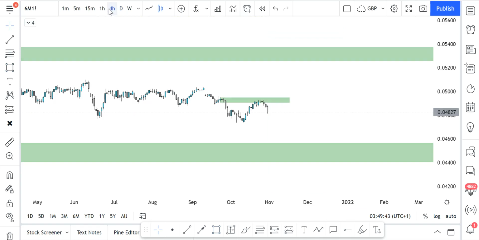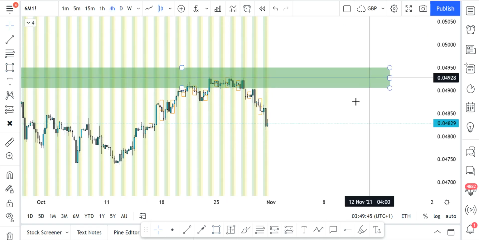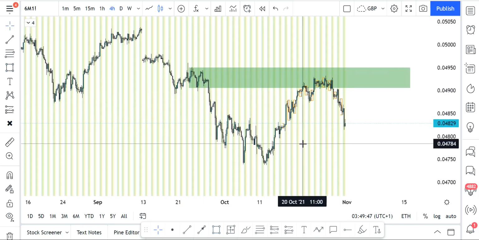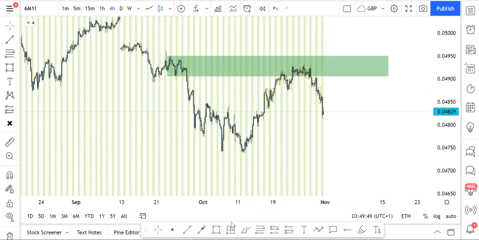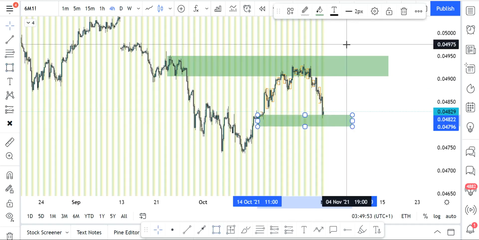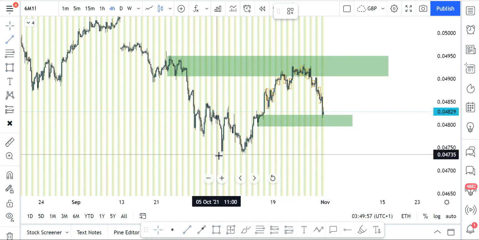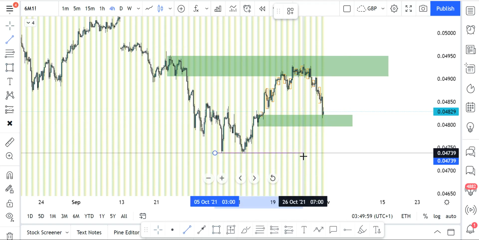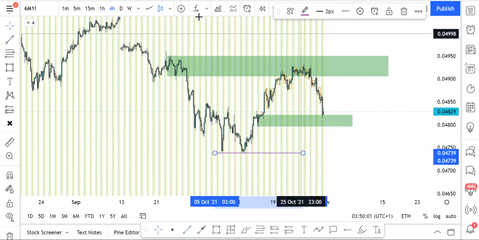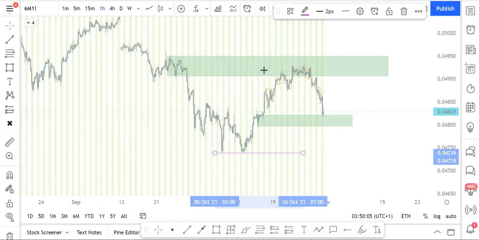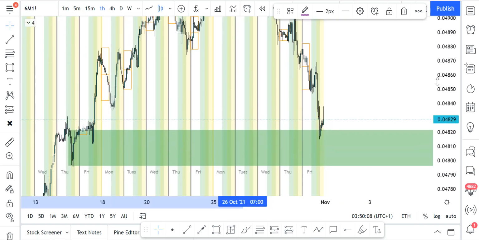Now, we've seen the daily. Let's see what the 4 hour is saying to us. Since price is already at a point like this, we may see a forward reaction to the upside, or we may see price coming to the downside to grab liquidity before moving to the upside. These are all possible movements, but let's quickly check the 1 hour time frame.